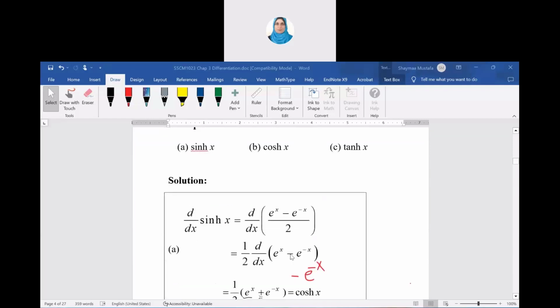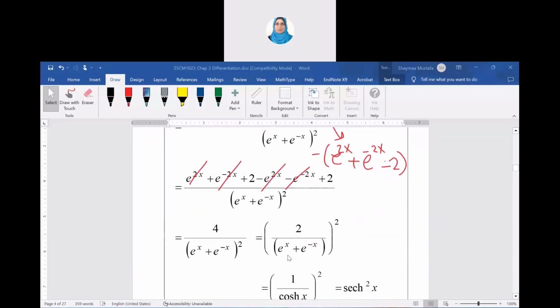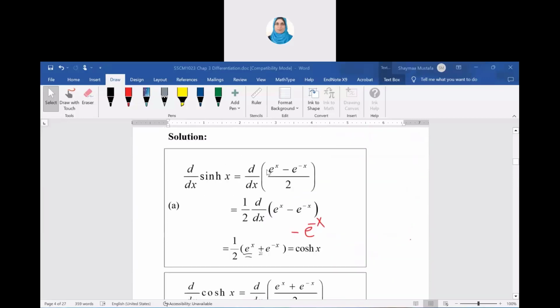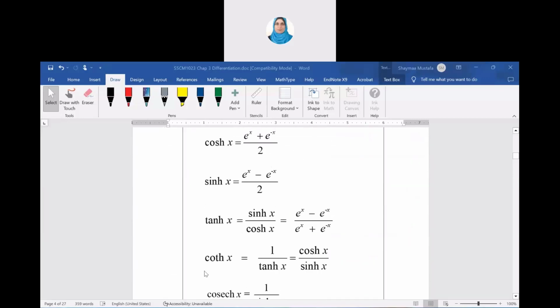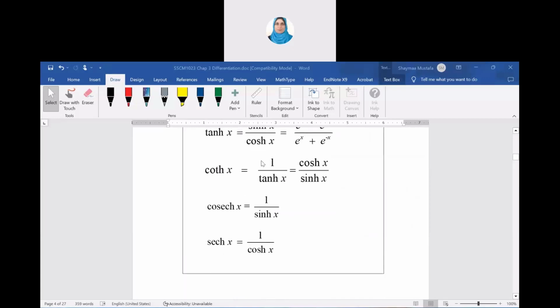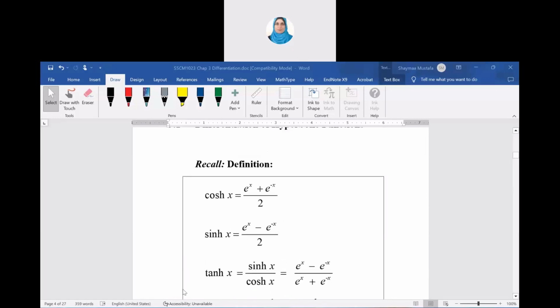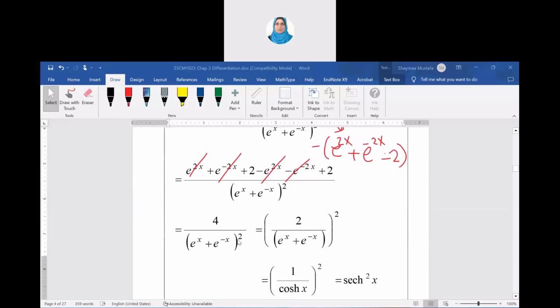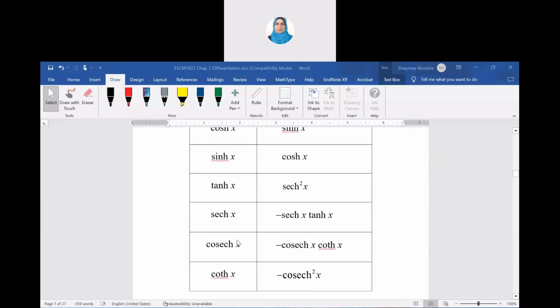If you understand how we find this one, you can try at home doing the derivative for the other 3 functions. You can find the derivative for coth, cosech, and sech, similar to what we did for cosh, sinh, and tanh.